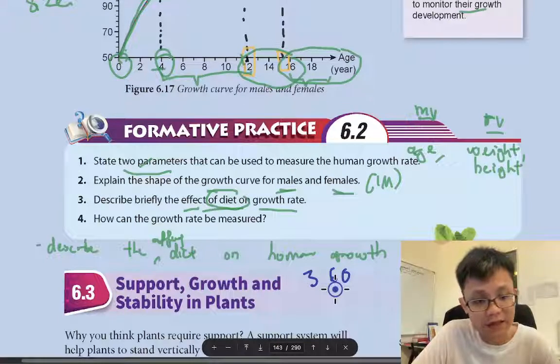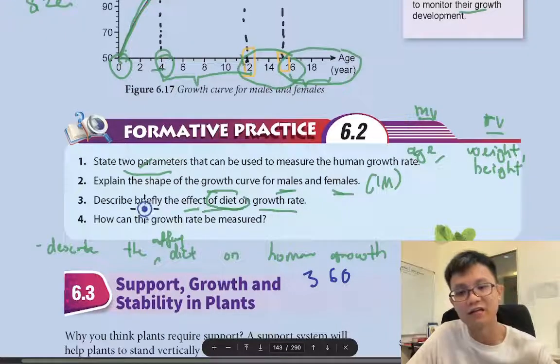And if there is not enough food, the person cannot grow well, and we call that malnutrition. And if you eat too much, then we call it obesity.